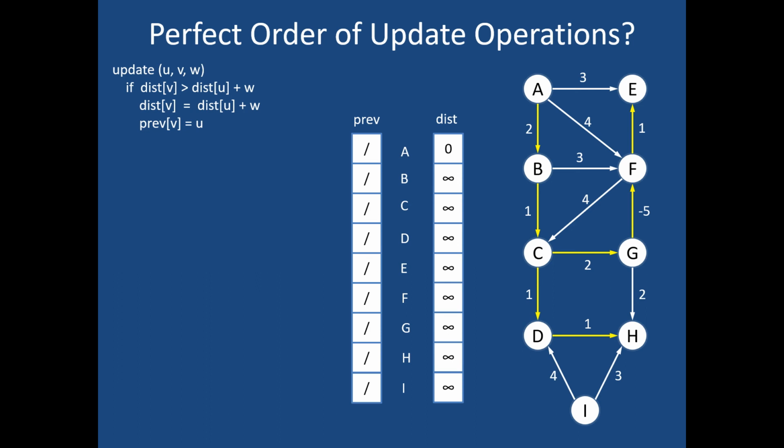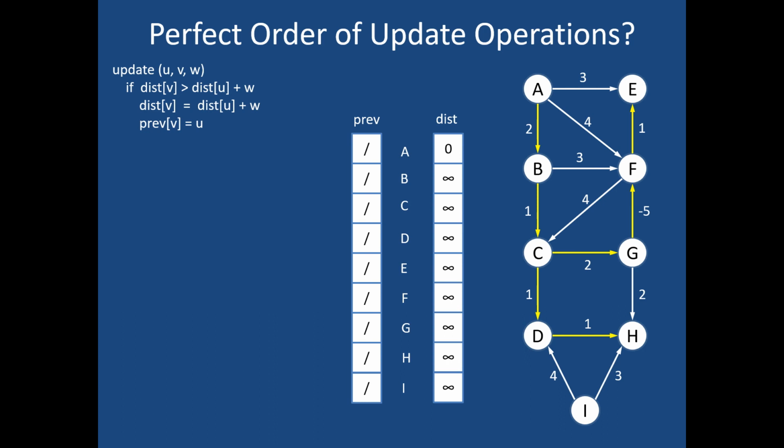It's no guarantee you'll converge, that you'll finish, but it does no harm. So you can choose any order of updates you want, as long as the updates include those yellow edges in the right order, you're going to get the answer in the end. And all these algorithms guarantee that whatever updates they do, the yellow updates are done at some point and they're done in the right order. And that's why they all work.